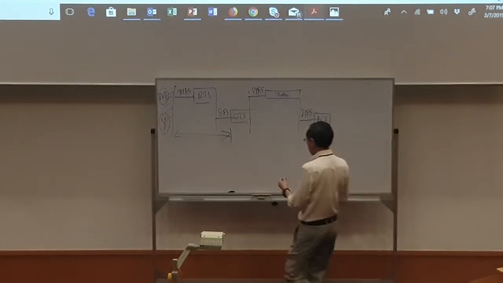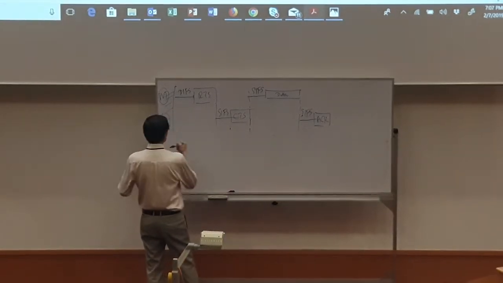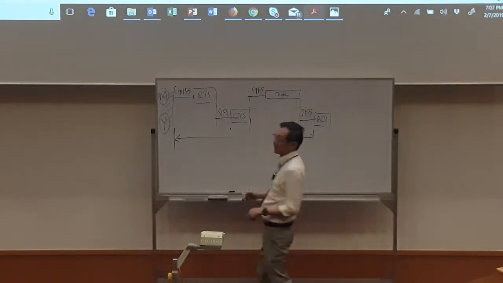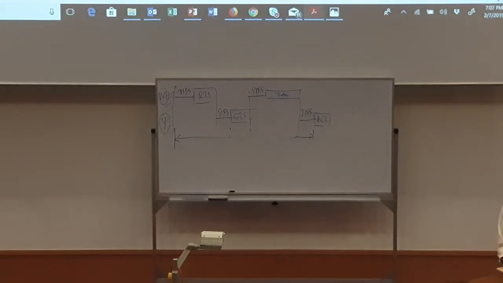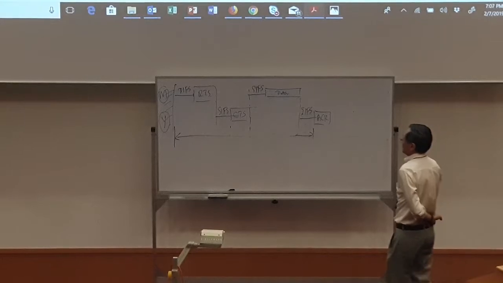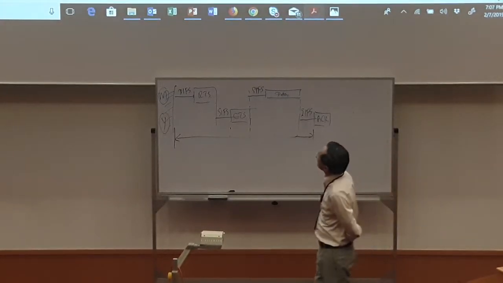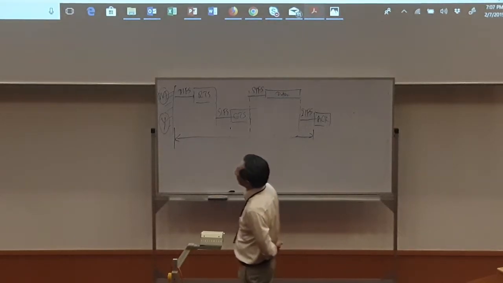So the shortest time will be this time, from here all the way to here. Is it clear? All right? So shortest time for the receiver to send the ACK signal.